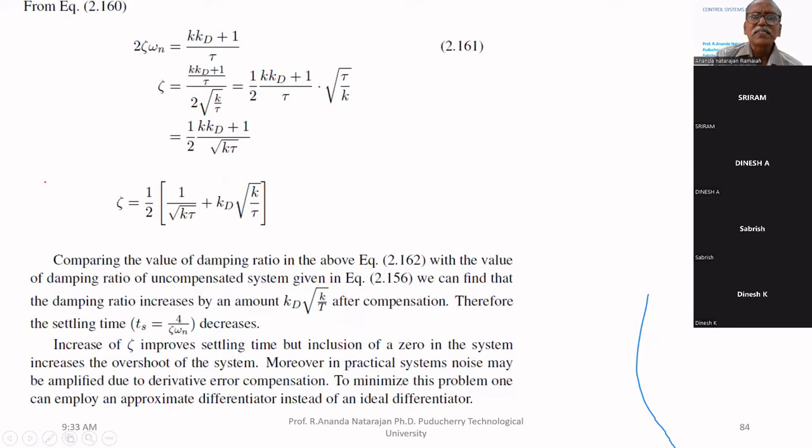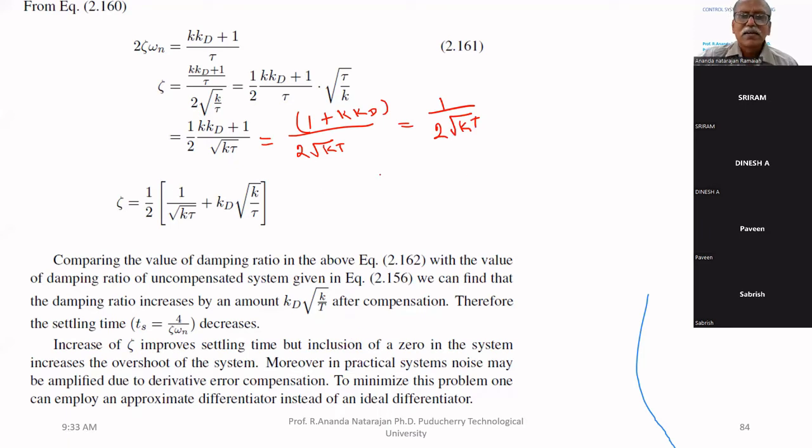What we derived is 1 by 2 root KT times (1 plus K KD). This also can be written as 1 by 2 root KT, which is the original zeta, plus K KD upon 2 root KT.